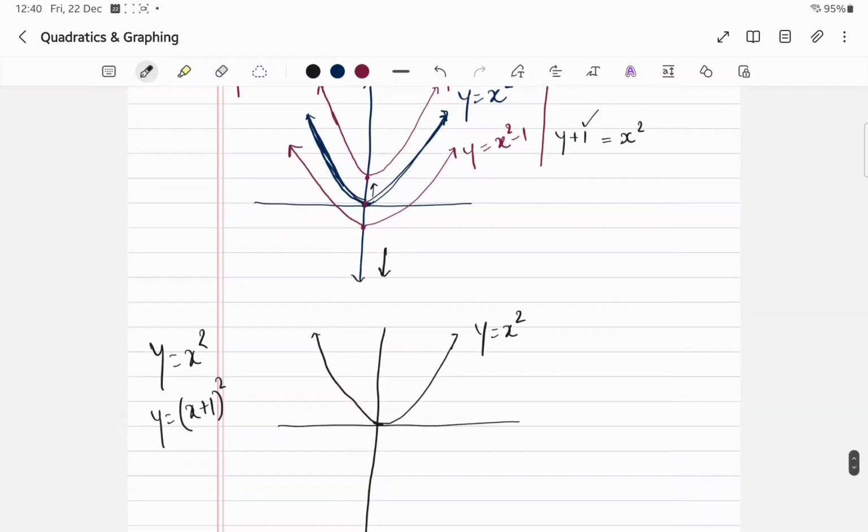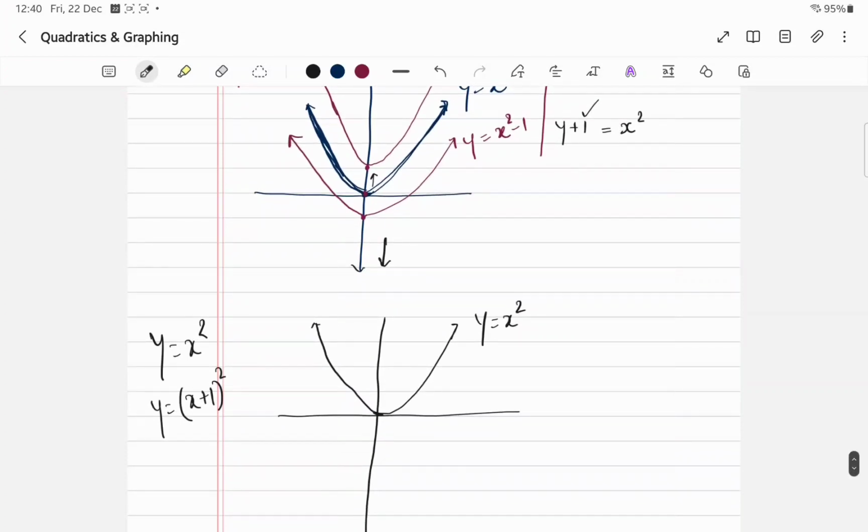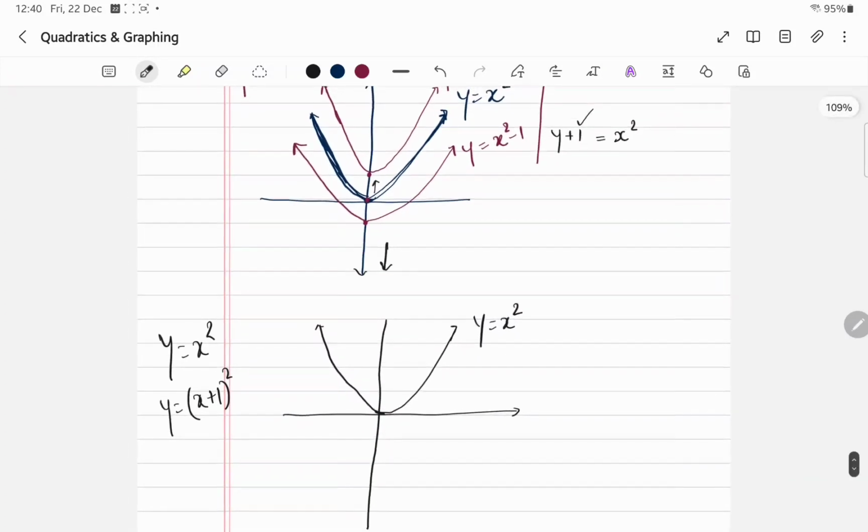Now here, if your x-axis is moving, if I shift this line 1 point, wherever my 0 was, if I have moved it 1 this way, 0 is here and this becomes -1.